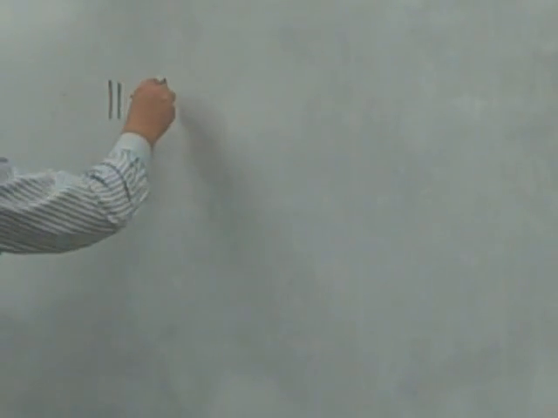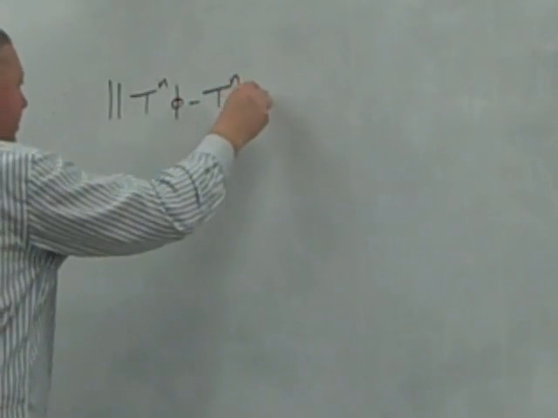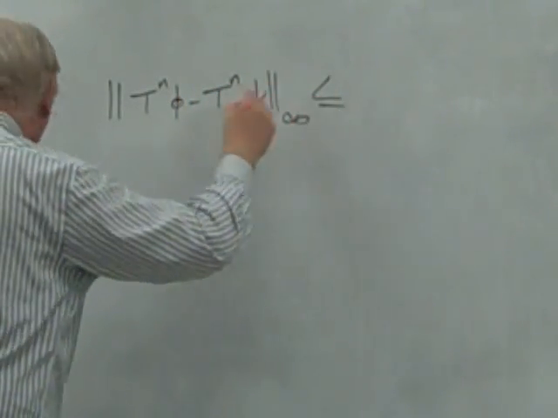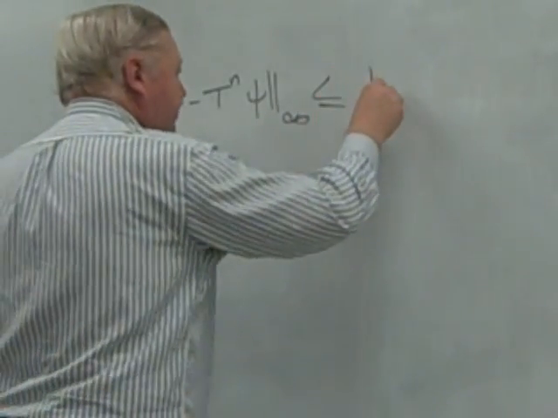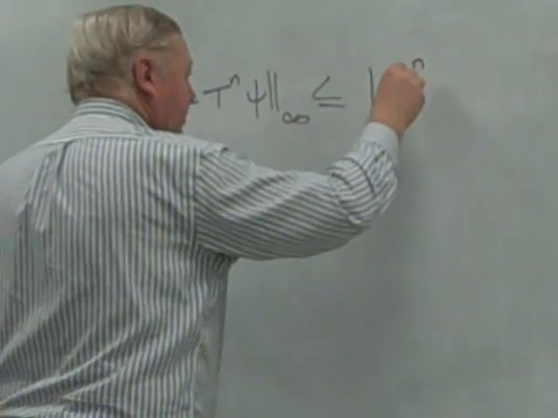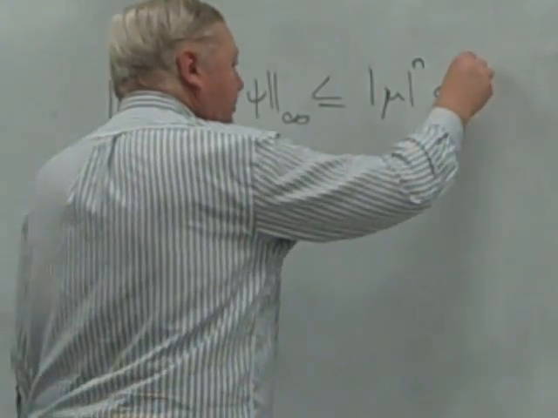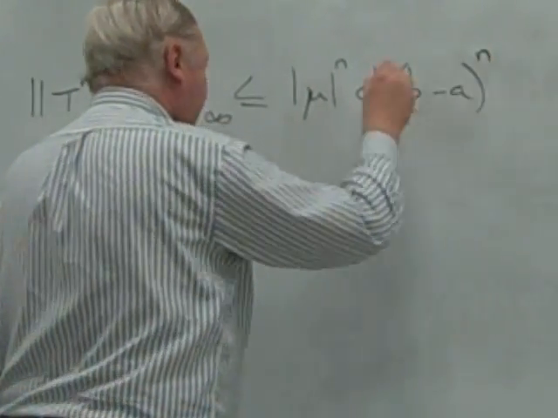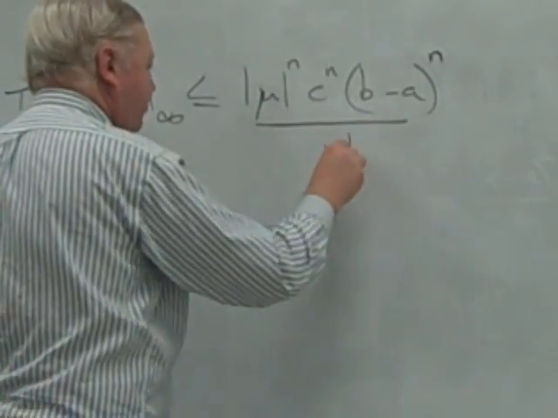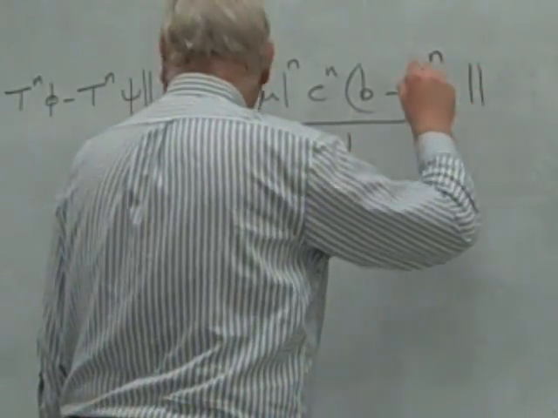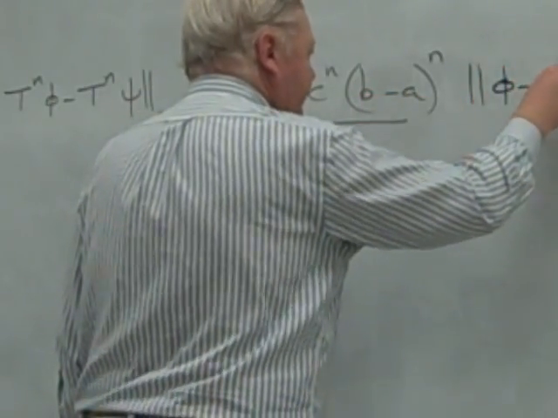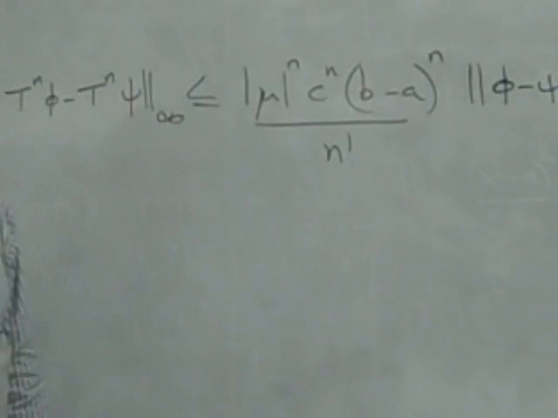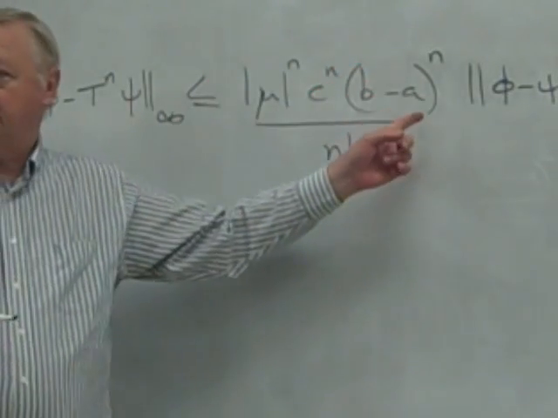So therefore, the infinity norm of T to the n phi minus T to the n psi is no larger than the absolute value of mu to the n, c to the n, times b minus a to the n, divided by n factorial times the norm of phi minus psi. So in order for this to be a contraction, all we need is that for n large enough, this number should be less than 1.